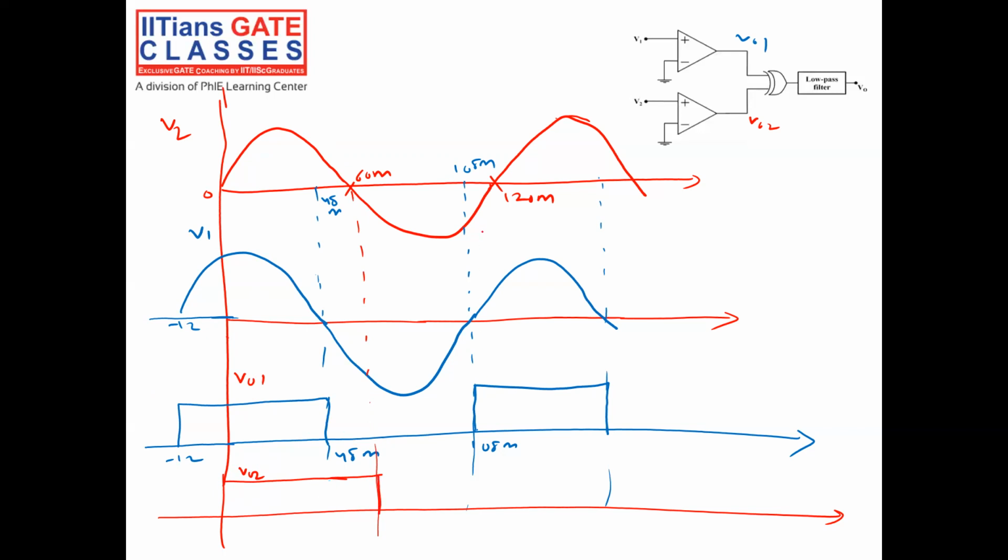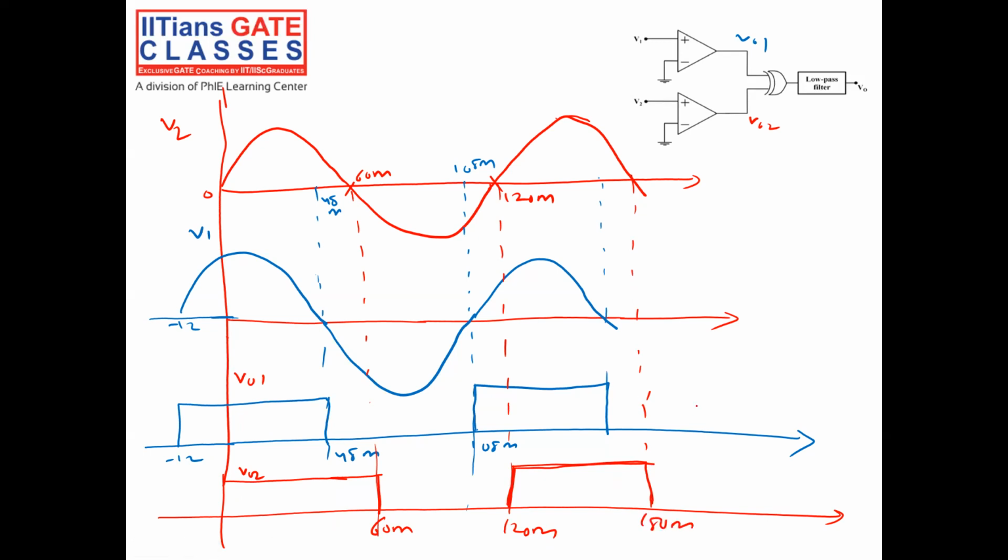Again, it is positive here. This is my V02. This is 60 millisecond. This is 120 millisecond. Again, I'll get 120 plus 60 is 180. Like that it will go.